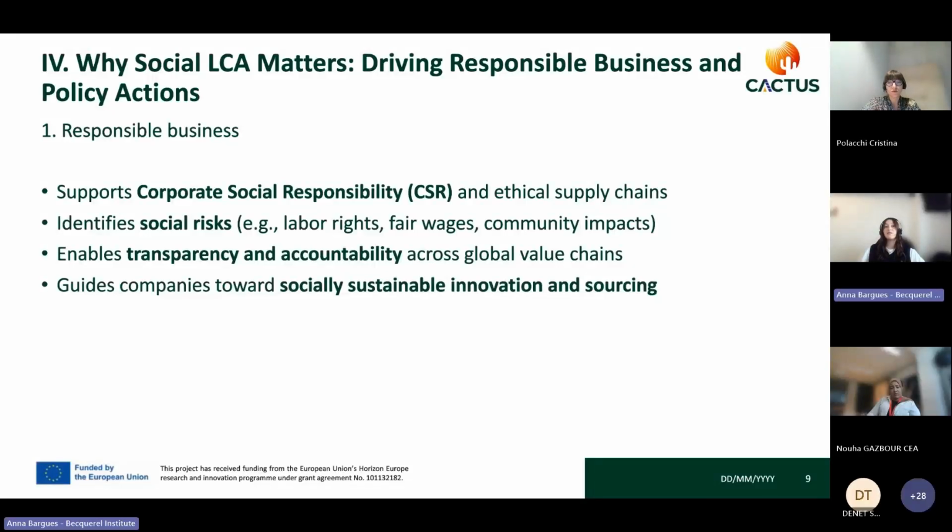It can help companies strengthen their transparency and also accountability, and it can guide them towards socially responsible sourcing and innovation. So at the end, it really aligns with ethical and sustainable operations as a whole.